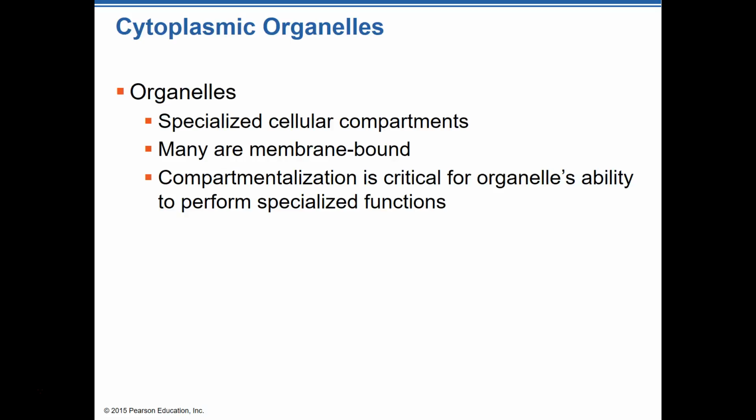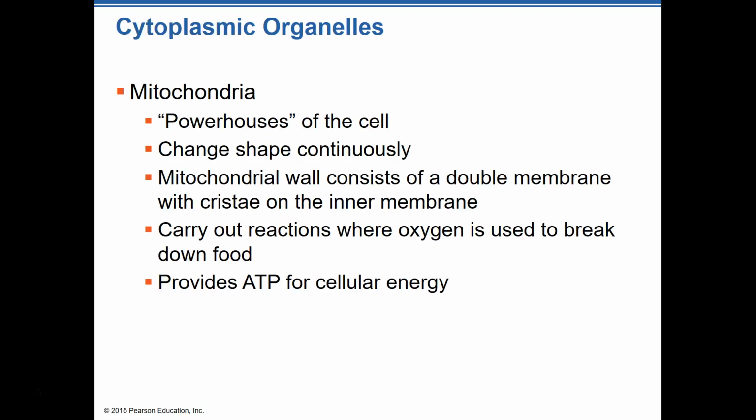A lot of them are actually membrane bound, meaning they're within a membrane inside of that cell because of the things that they're doing requires that they be able to do them absent the internal environment of that cell, to protect the cell or to protect the process of what's going on inside of that organ. That's the way that it's able to do many of those specialized functions.